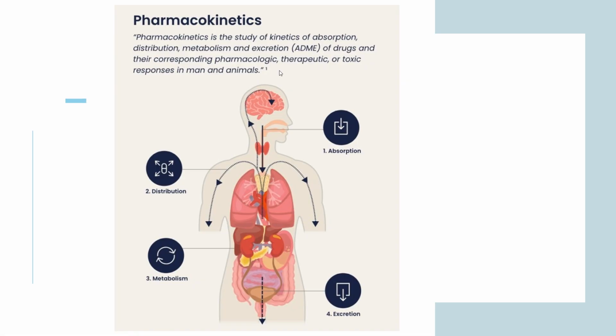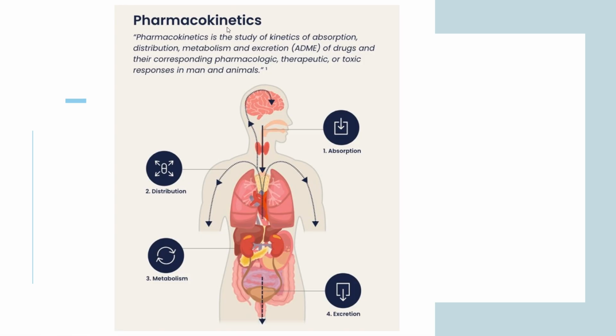So how all of these processes are involved in the absorption, distribution, metabolism, and excretion of the drug, and their corresponding pharmacological, therapeutic, or toxic response in man and animals, including the effect of that particular drug, is known as pharmacokinetics.